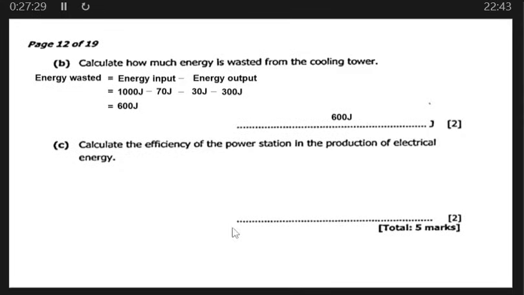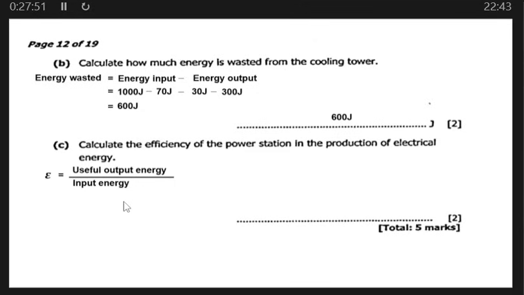So this is question C. Question C says calculate the efficiency of the power station in the production of electrical energy. So efficiency is given by this formula, which says efficiency is equal to useful output energy divided by input energy. So what is our input energy?